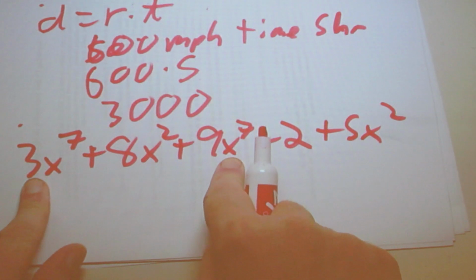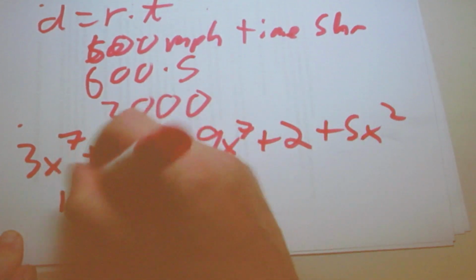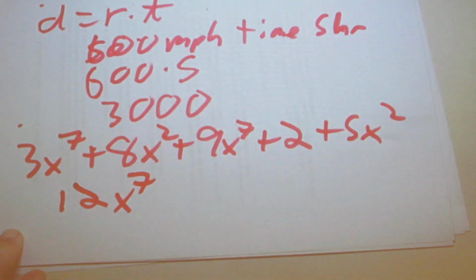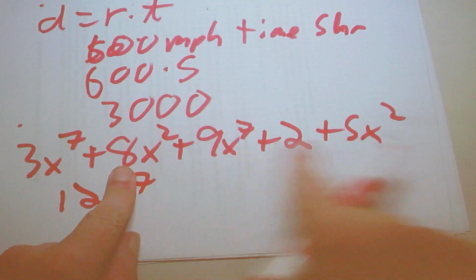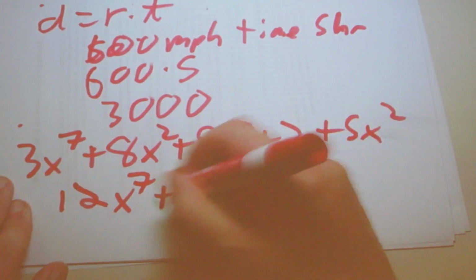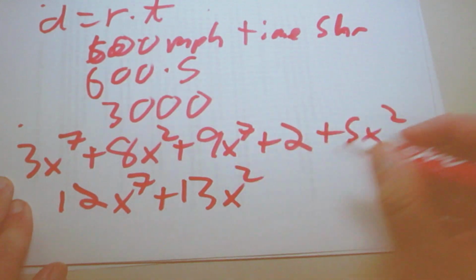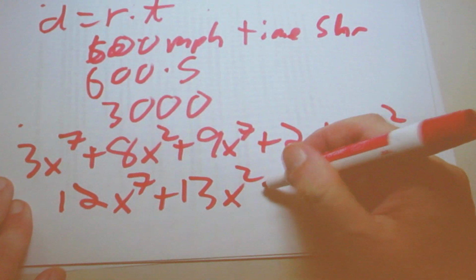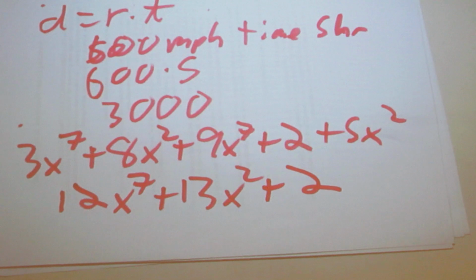So we have 3 plus 9 is 12x to the 7. Then x to the 2s, 8 plus 5 is 13x squared. And we just have the one term that is just a constant, and it's plus 2.